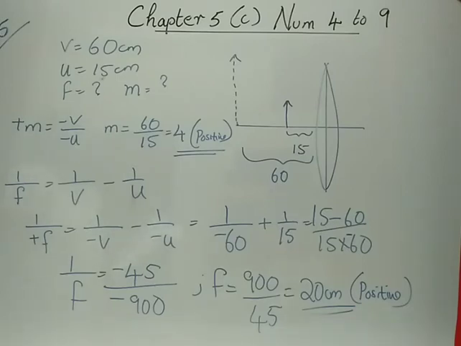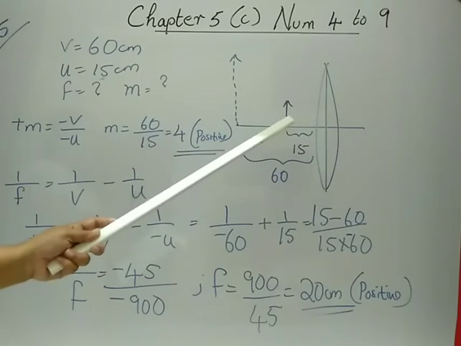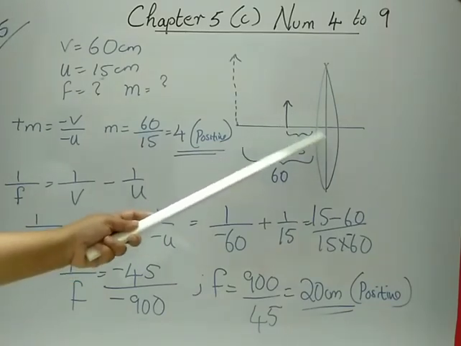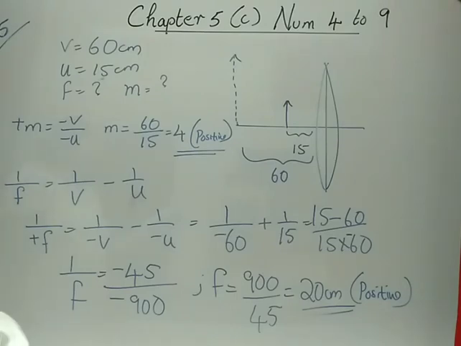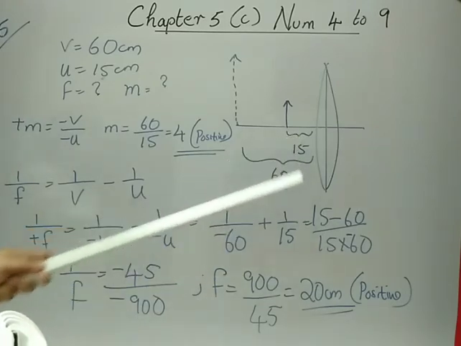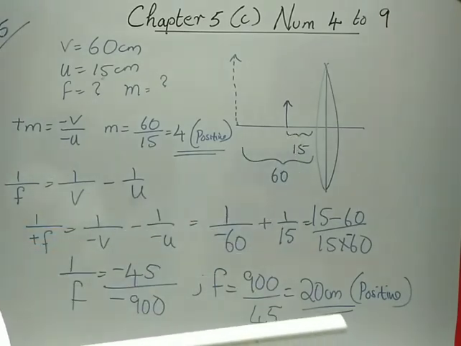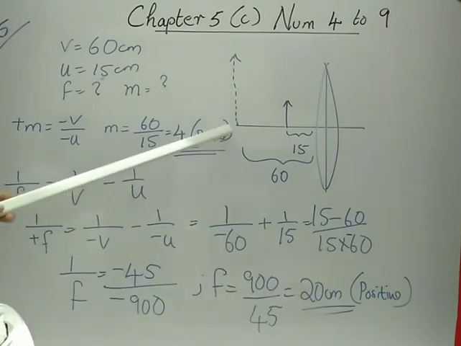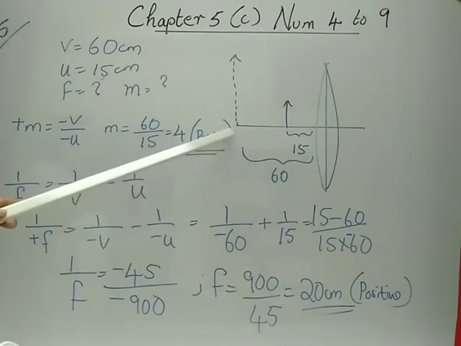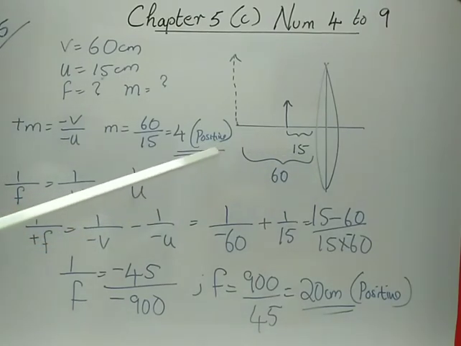If it is a concave lens, the image will be between the object and the lens, a small image. So from the question it is clear: a lens forms the image of the object placed at a distance 15 centimeter, and the image is at a distance 60 centimeter in front of it.